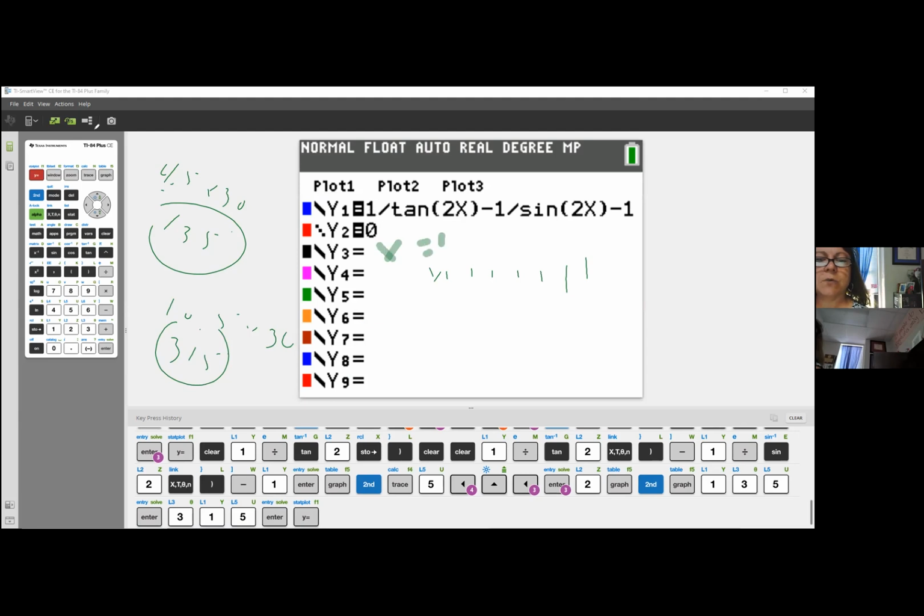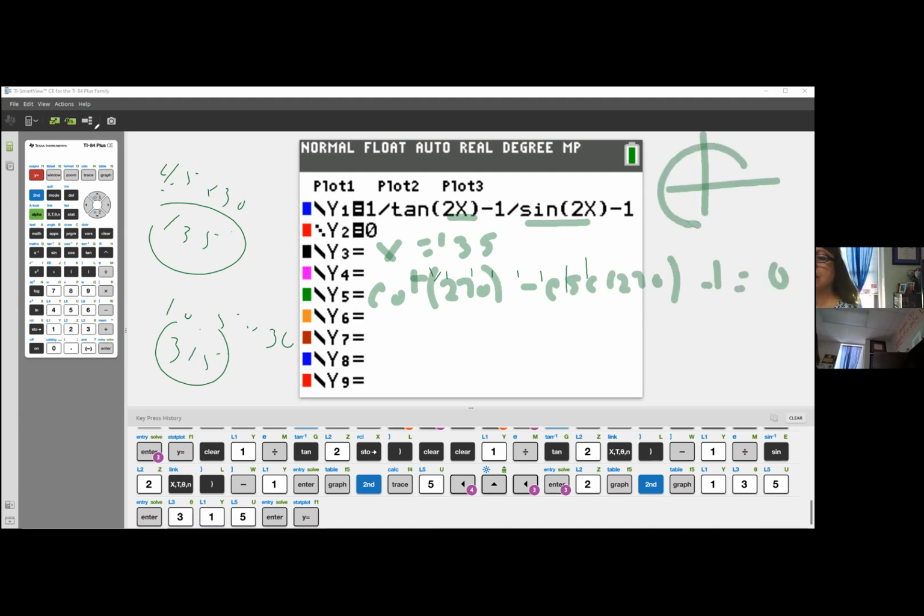So here's what's happening. When x equals 135, my original was the cotangent of 2 times that, so that would be at 270, minus the original cosecant at 270, and minus 1 to equal 0. If I go to 270 down here, tangent is y over x, and y over x down here is undefined.